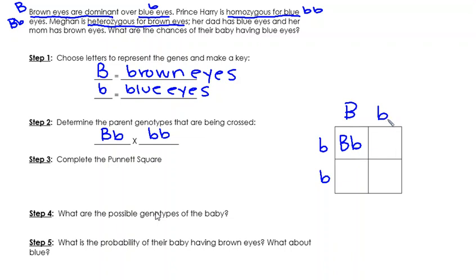If Meghan by chance passes down her gene for blue eyes, or little b, and Prince Harry passes down his gene for blue eyes, little b, then the baby would be little b, little b, or it would have blue eyes.